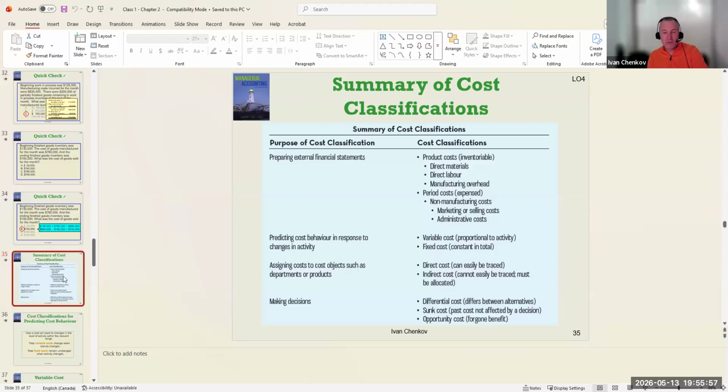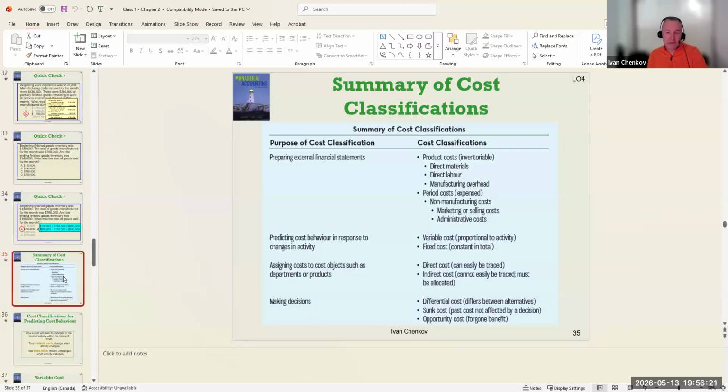Period cost will be non-manufacturing cost, which is marketing, selling, administrative. So based on the financial statements and who's using them, we're going to have product cost or inventoriable cost, or period cost. Product cost is direct material, direct labor, and manufacturing overhead, whereas period cost is everything that is expensed during the period.